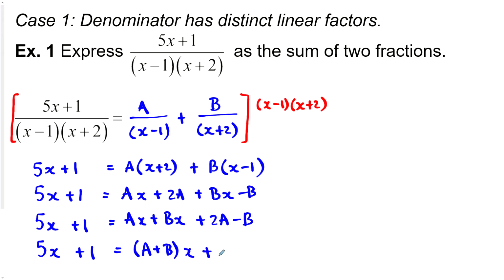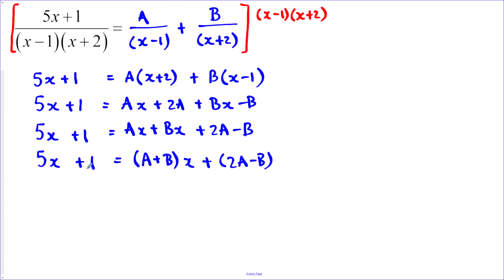And I'm just going to put these two in brackets so I can see that they are together. Now you can see that 5 is equal to a plus b, because 5 is the coefficient of x on this side, and a plus b is the coefficient of x on this side. 1 is the constant term on this side, and 2a minus b represent the constant term on that side.